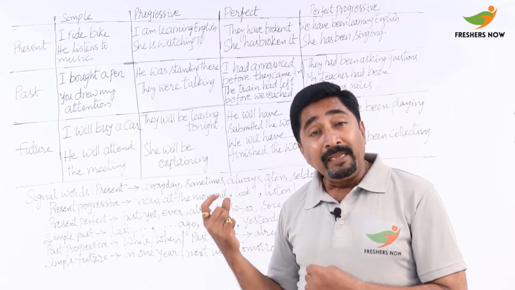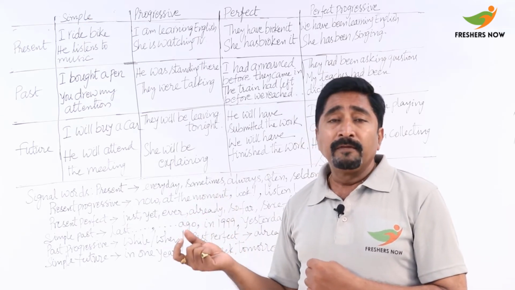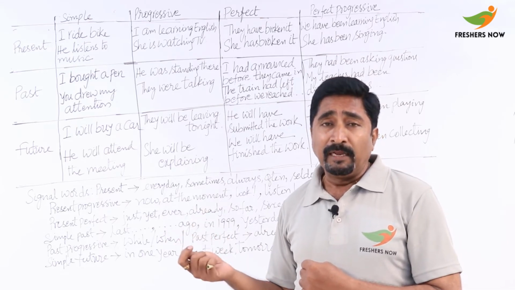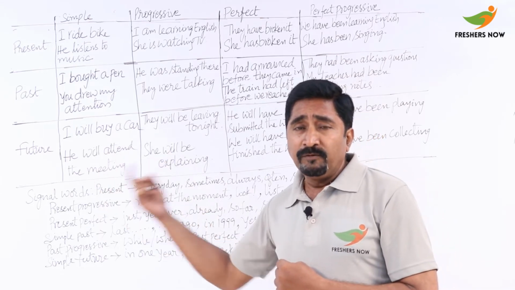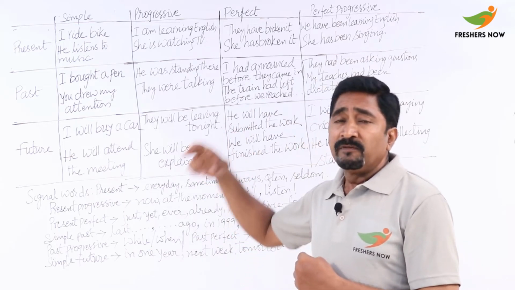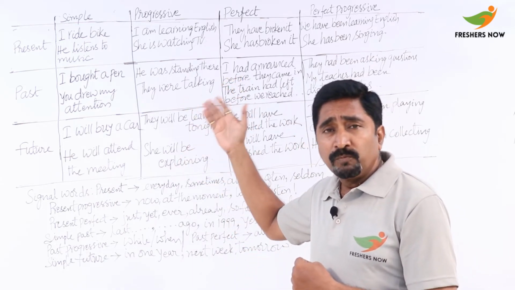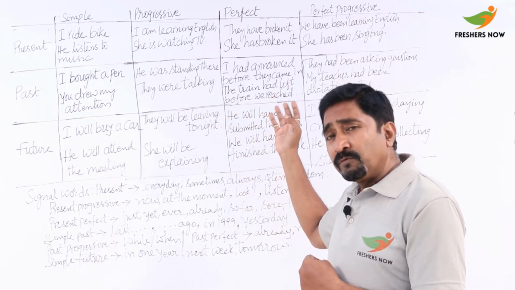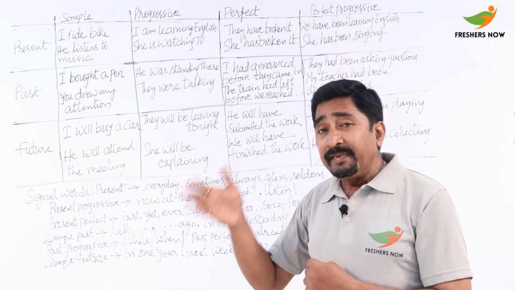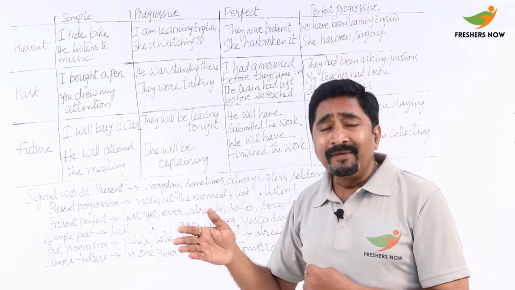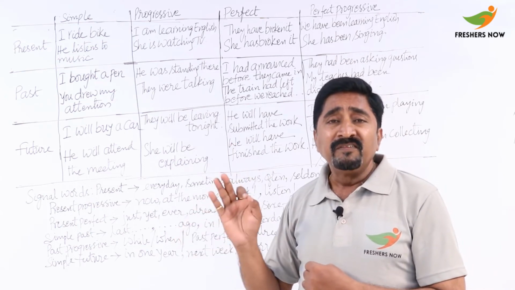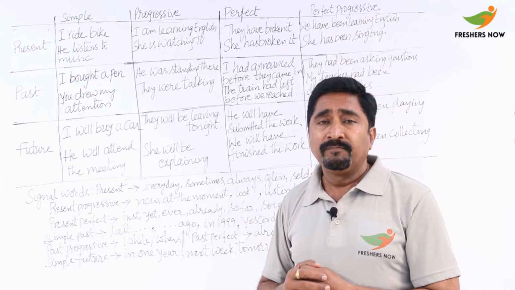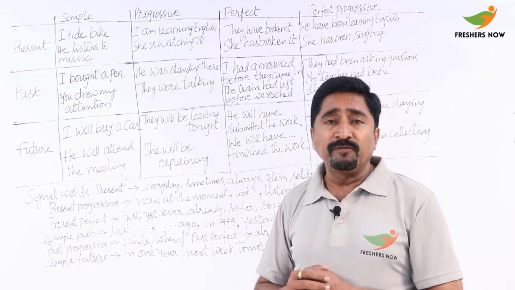Here is one important thing we should understand. As long as the future we use, maybe simple future, or future progressive, or future perfect, or future perfect progressive, the second clause should all the time be only in the simple present tense. No other tense is to be used.